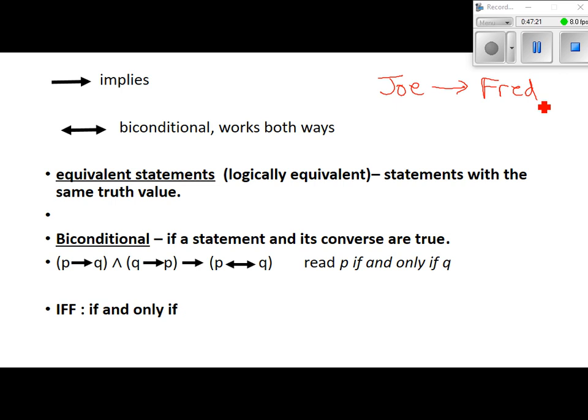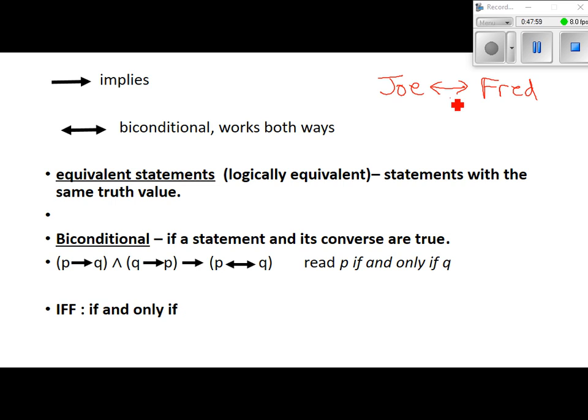No, it doesn't. Joe implies Fred. Does it work backwards all the time? Not necessarily, right? Now, if I do this, Kendall, and put that double arrow in there, then when I say Joe implies Fred, it also means Fred implies Joe. So now every time I see Fred, am I going to see Joe also? Yeah. If it's got that double arrow, then it means it works both ways.